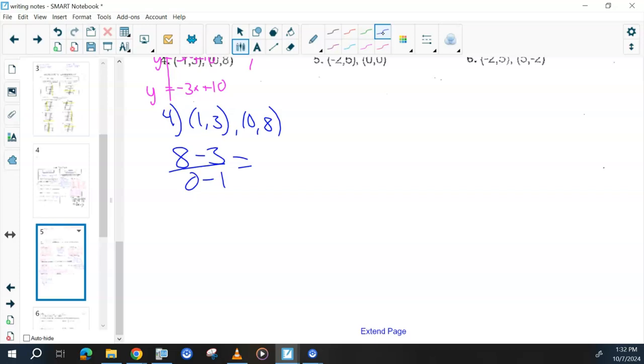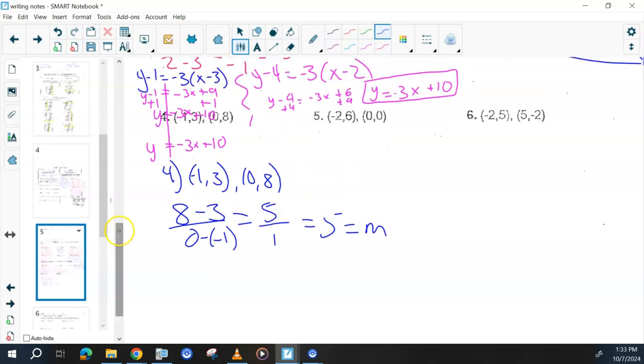It's -1, sorry. What is that slope? 5/1 or just 5. Now, before we keep going, does anything stand out about these 2 points?